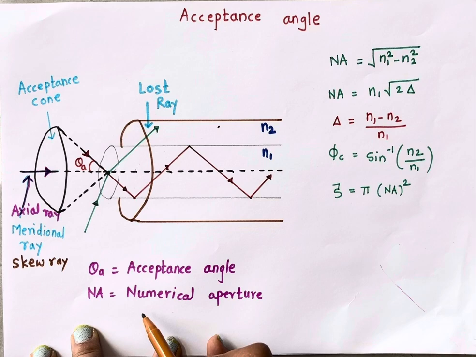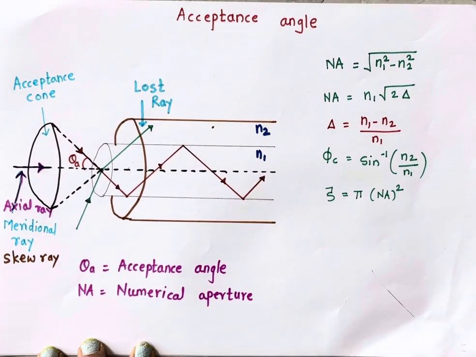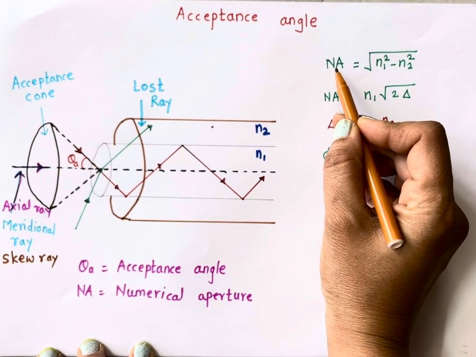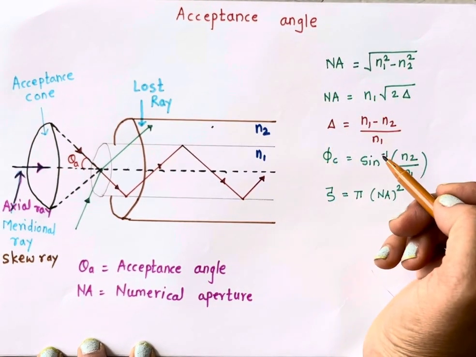So numerical aperture is the sine of the maximum angle that an incident ray makes with the core axis and travels through the core using total internal reflection. Now, there are multiple formulas for numerical aperture.